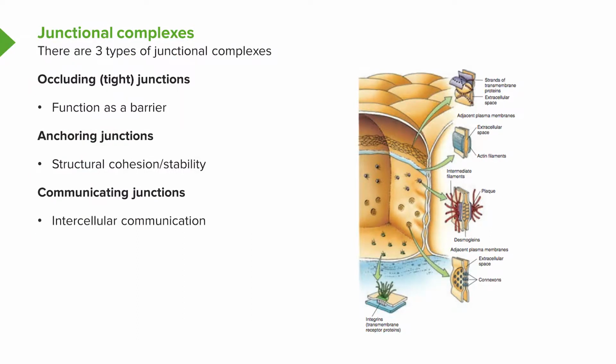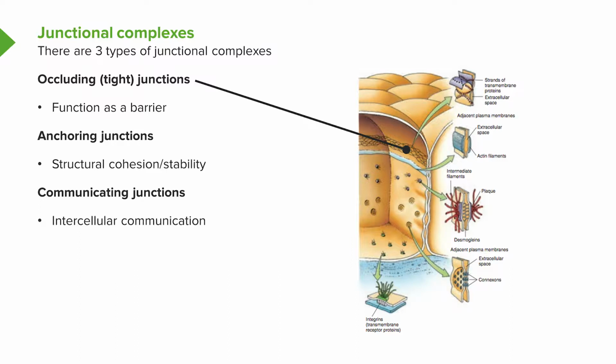Let's now look and see how epithelial cells are joined together. Well, there are 3 different types of junctional complexes, and they have 3 different sorts of functions. The first junctional complex is at the very apex of the cell, and they're called occluding or tight junctions.